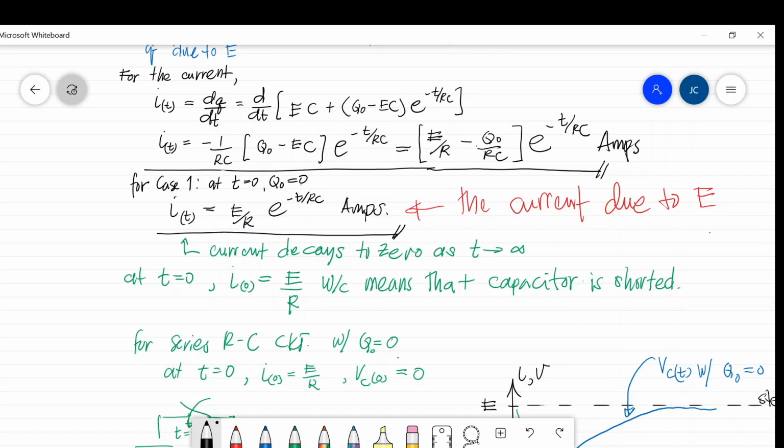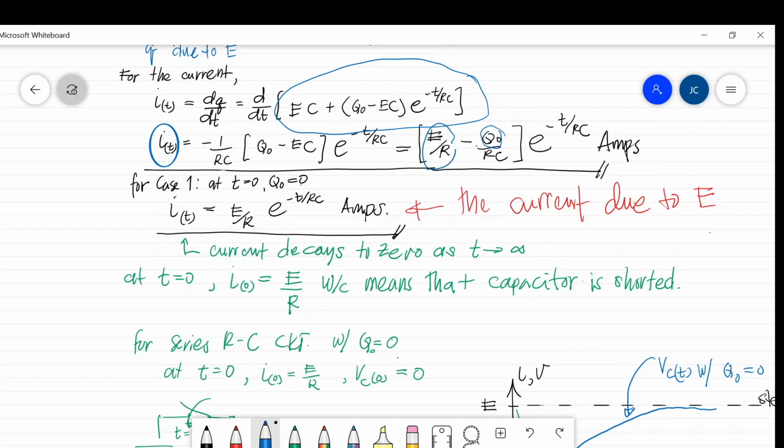Having the derived equation from the preceding discussion, take the derivative of this equation with respect to time, and this would give us the equation for the current, which includes the current due to the initial charge.